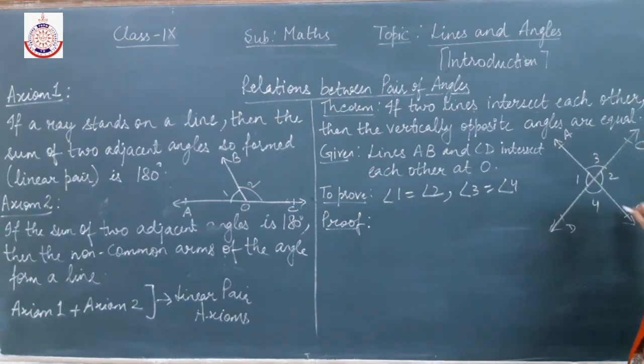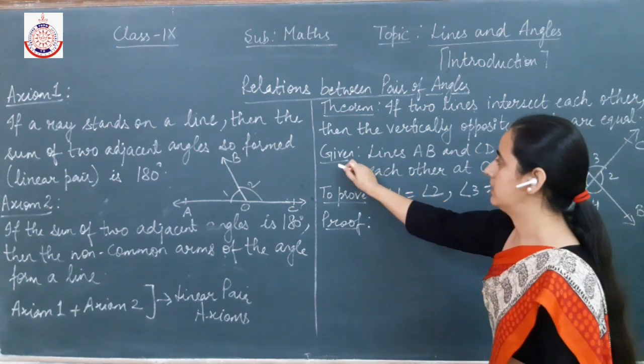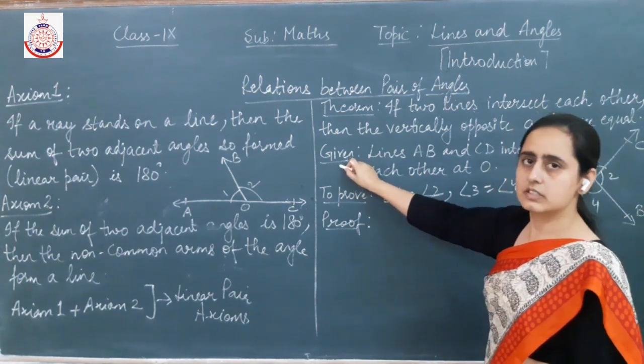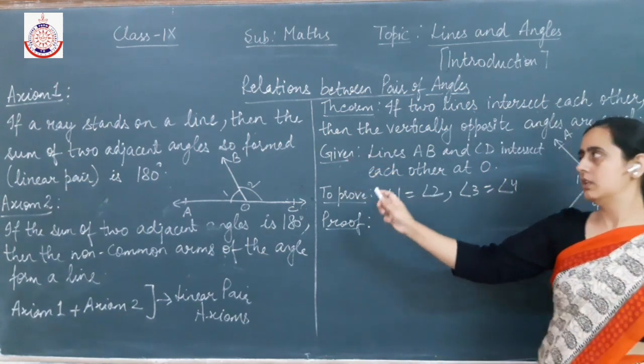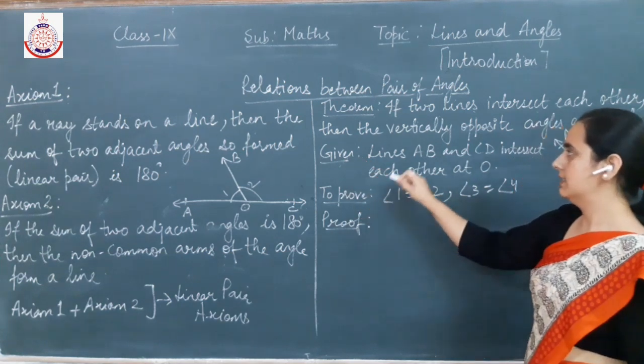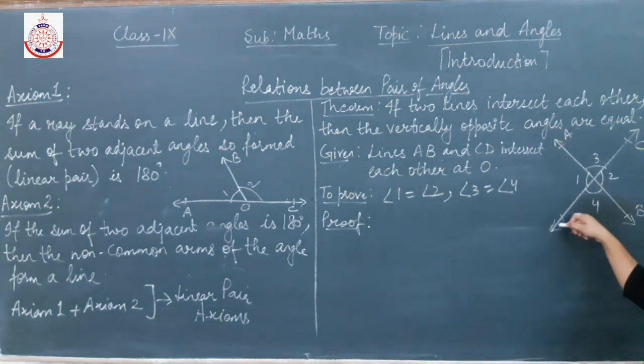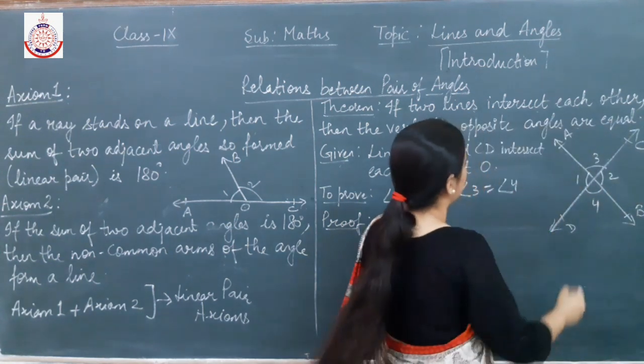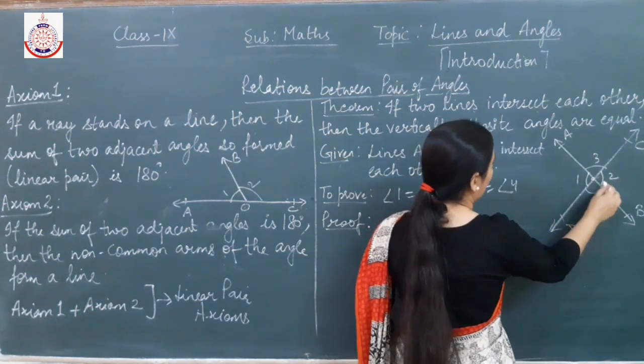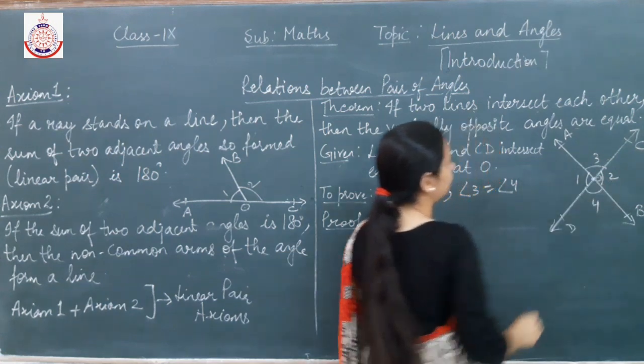So I have taken the lines AB and CD. First of all we will write what is given to us and what we have to prove. So I have written the given conditions: lines AB and CD are intersecting each other at this point, which is O.